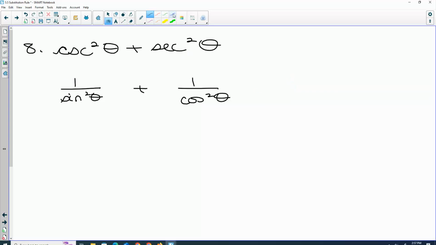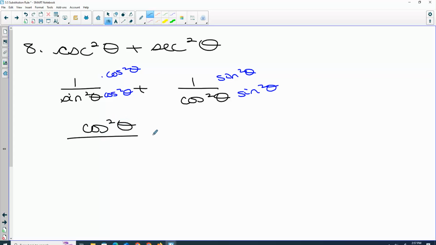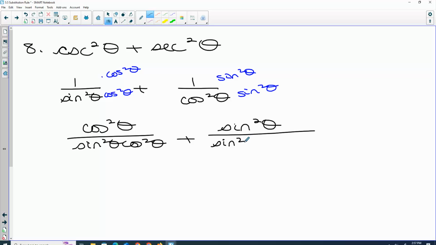Common base. Alright, so I'm going to multiply this one by cosine squared on top and bottom, and this one by sine squared. So we have a common denominator, we can put them together.